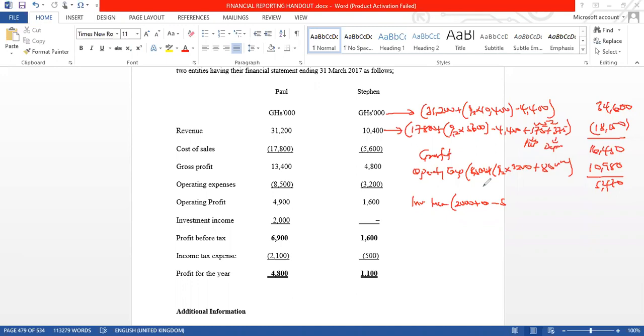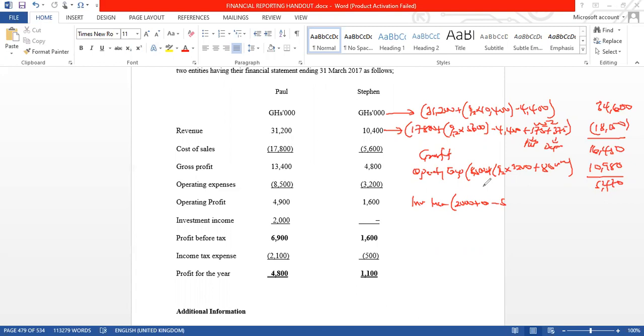Oh, I see it. If Steven paid dividends of 500, there's a trick there we need to check. They paid dividends of 500. The question was not specific that they paid it. I think it's something that we need to also check. If Steven paid dividends of 500, and the question never tells you that the entire money is for the parents, just be careful.